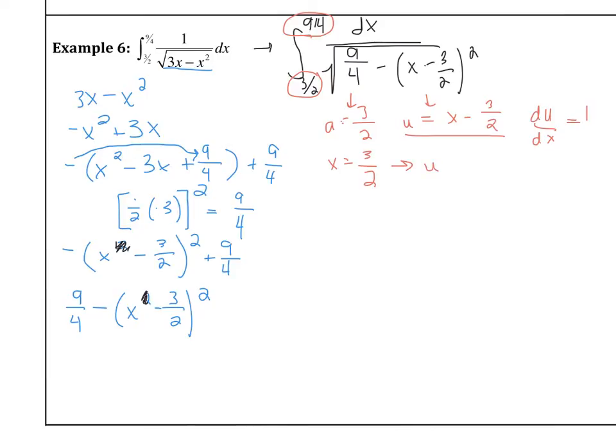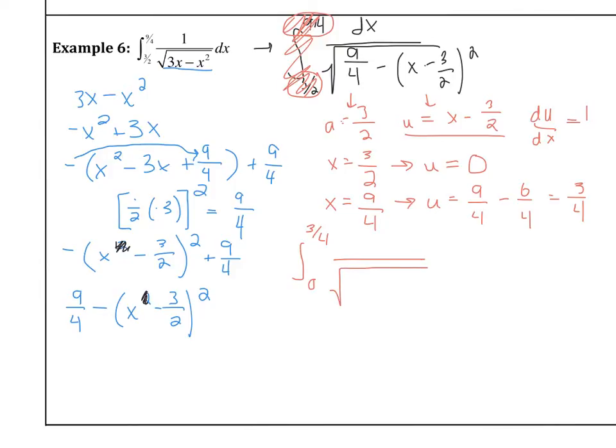And when x is 9/4, well, let's see, u will be 9/4 minus 3/2, so 9/4 minus 6/4, which is 3/4. So if I were to rewrite this, my lower bound in terms of u is now 0, and my upper bound is 3/4. Okay, so that takes care of this. And then in my denominator, I have a squared minus u squared.